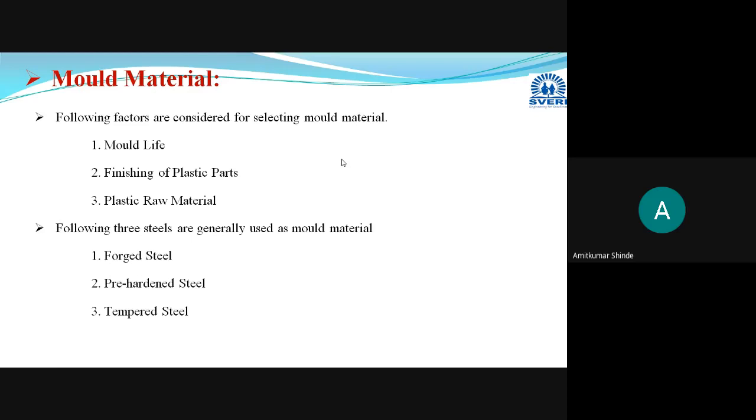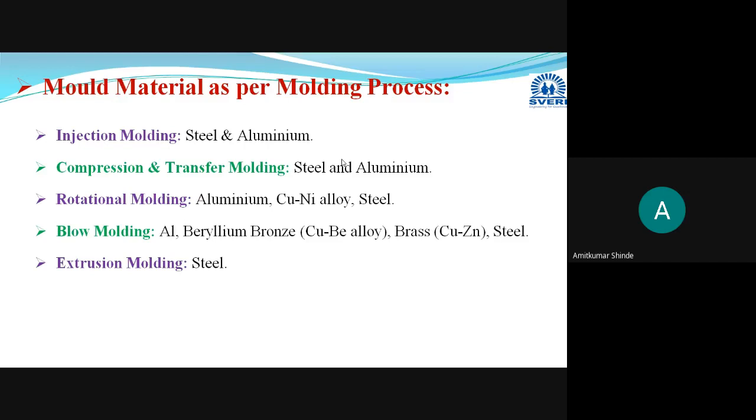I will first explain general parameters and general materials used, and after that we will discuss the materials used for making molds for processing of plastics, according to the different types.